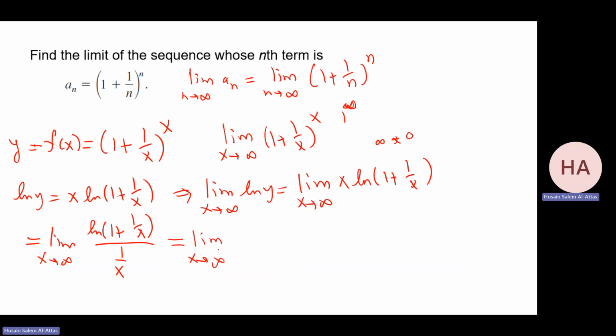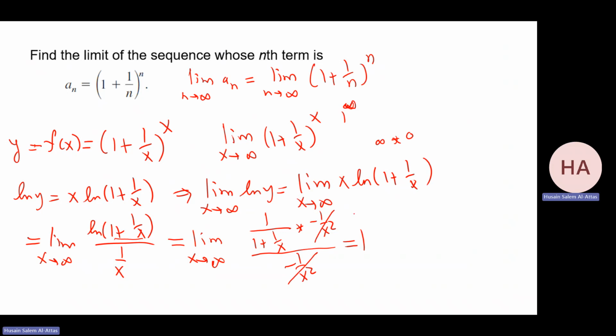Limit as x goes to infinity. That will be what? Be careful here. 1 over (1 + 1/x) times the derivative of this, which is minus 1 over x squared, all of this over minus 1 over x squared. This is cancelled. Apply the limit. I'm getting 1.